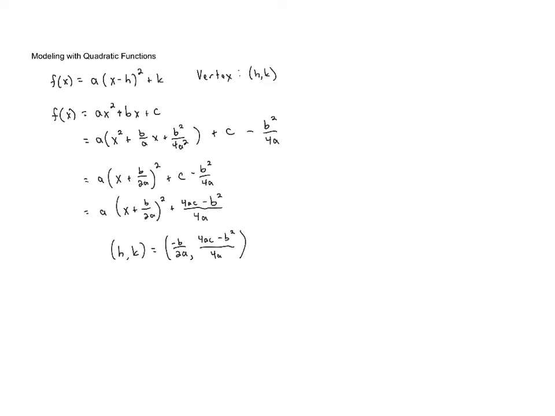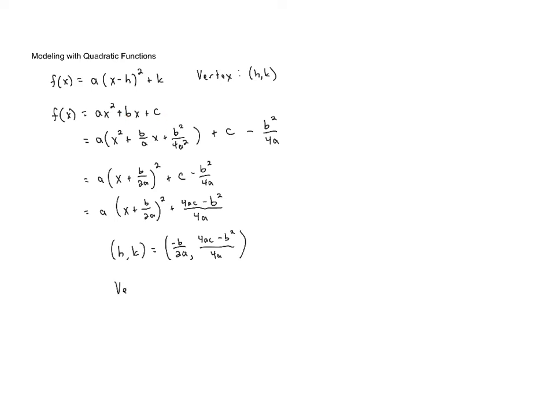Now, I don't know about you, I don't want to have to memorize all this. I would rather memorize fewer things. So an easier way to do this is to just memorize the formula for the x-coordinate, the opposite of b over 2a, which we've seen before, and then just plug it in, and that will give us our y-coordinate.